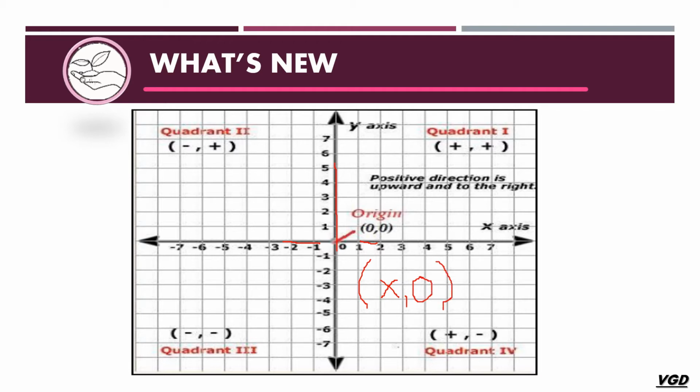And the points which lie on the y-axis have coordinates 0 as x, and the value of y. It means the point could be any point on the y-axis. It could be positive 6 on the y-axis or negative 5, negative 4. So they will have these coordinates. And take note, x and y are real numbers.